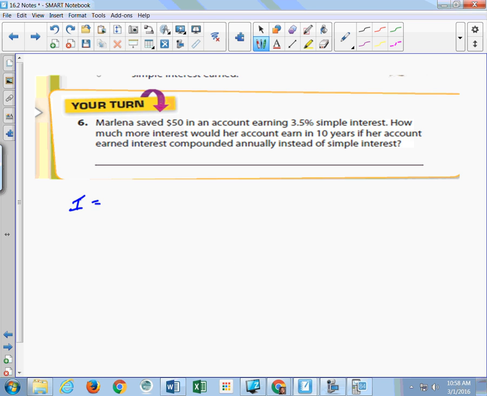We're going to use I equals PRT. Plug in. Alright, so 50 times 3.5% is 0.035 times 10 years.